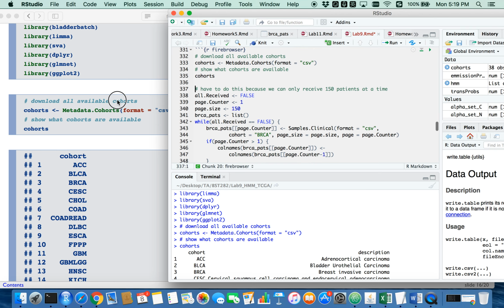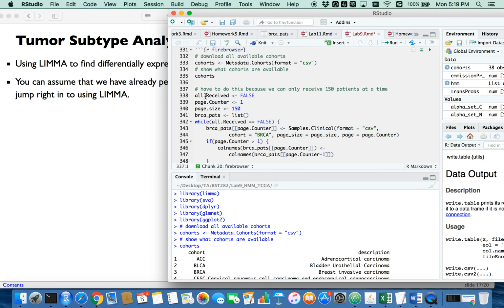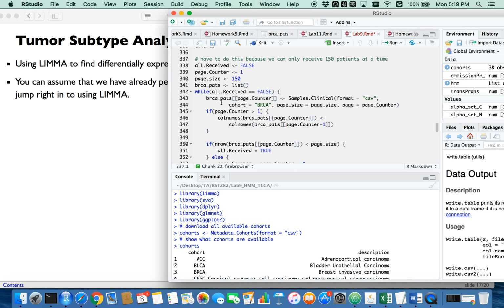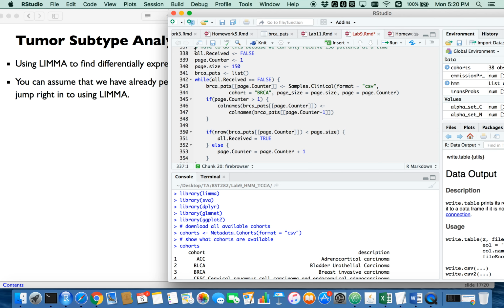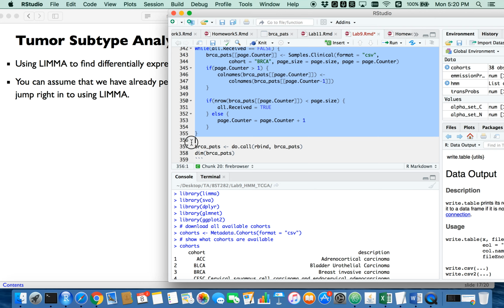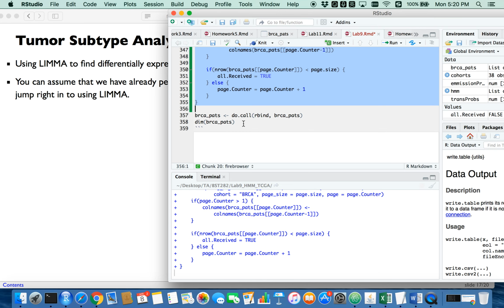And then, how could we incorporate the information about all these patients? Well, in this package, by default, we can only receive 100 patients at a time. So we created a script for you to get access to all patients at one time.